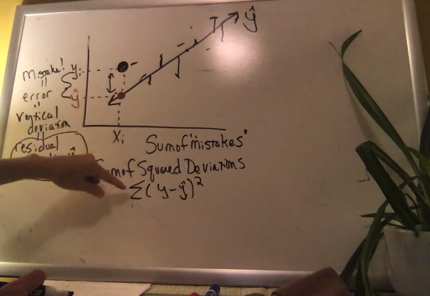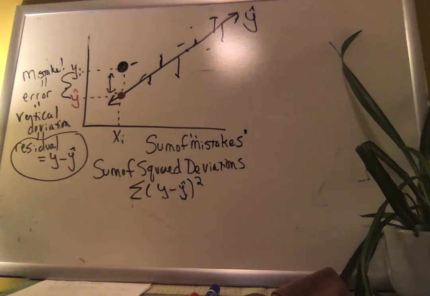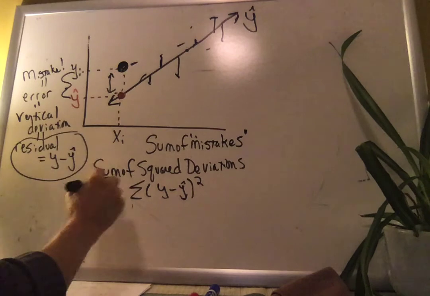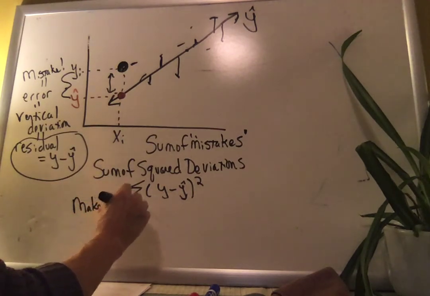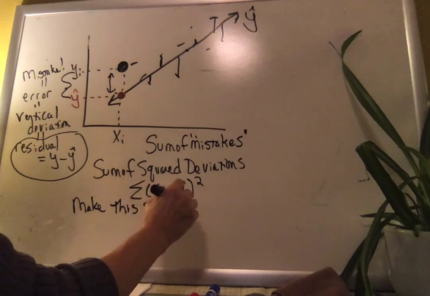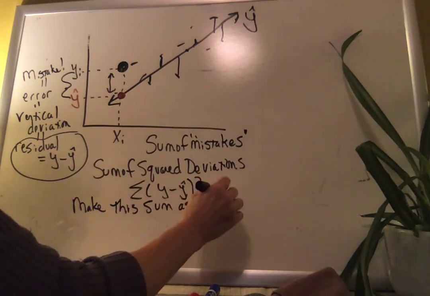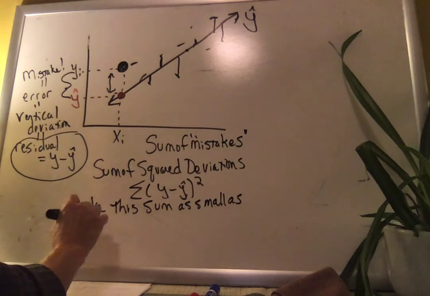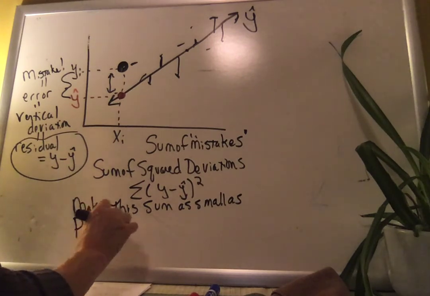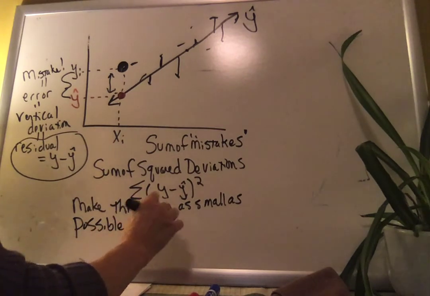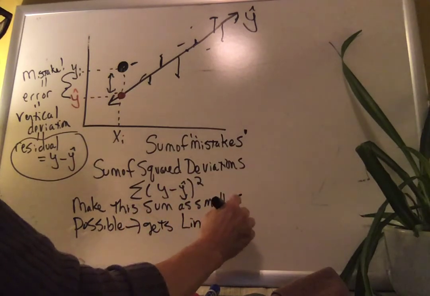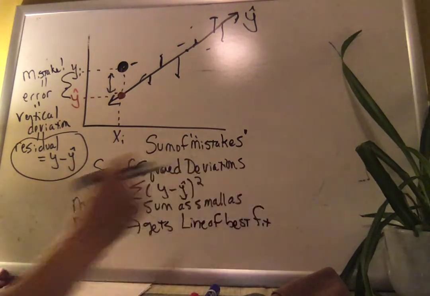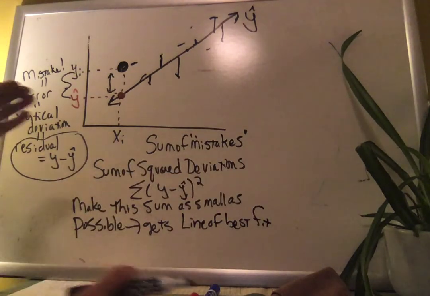If we have 10 data points, we would be adding 10 different things. Good news is you're not going to be actually doing this by hand. But if we could make this as small as possible, remember earlier when I put up 3 lines and they all looked pretty good to me?